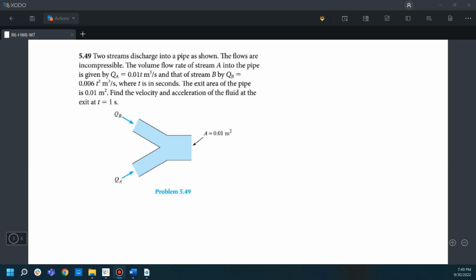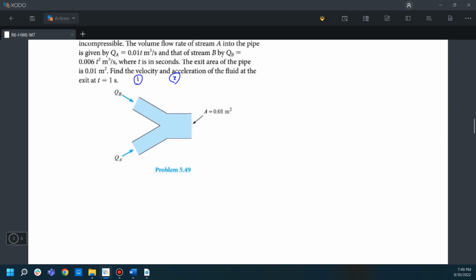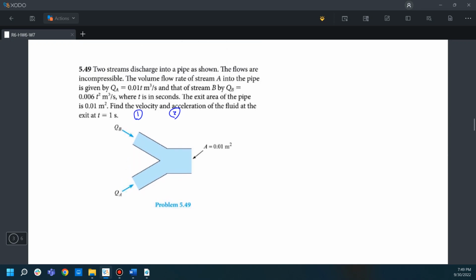Find the velocity and acceleration of the fluid at the axis at t equal to 1 second. So we want to solve first the velocity.